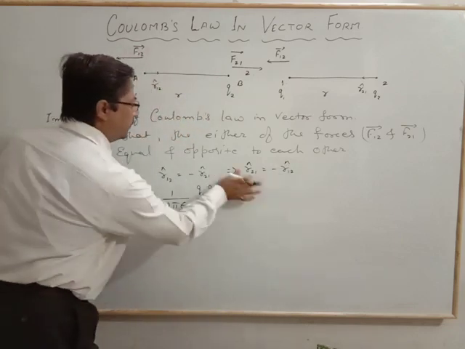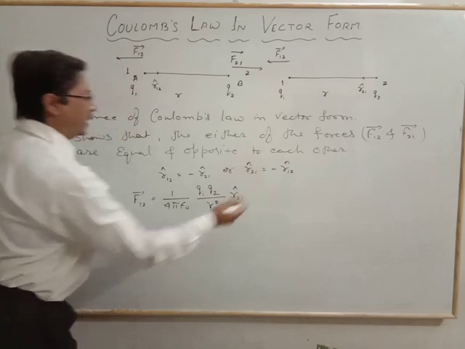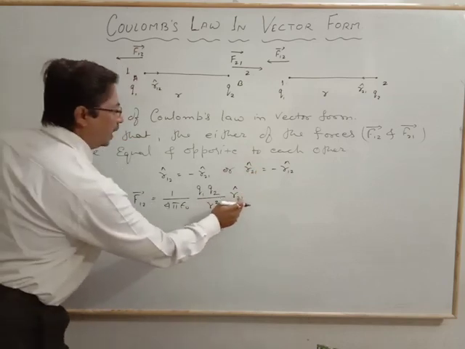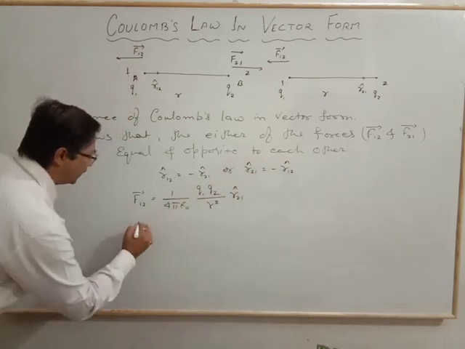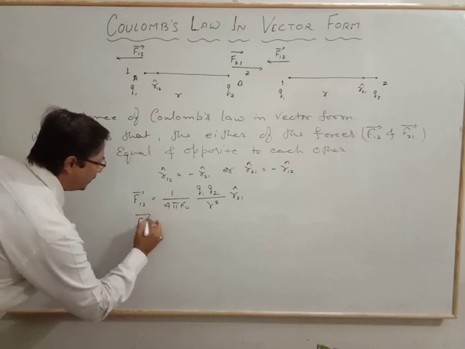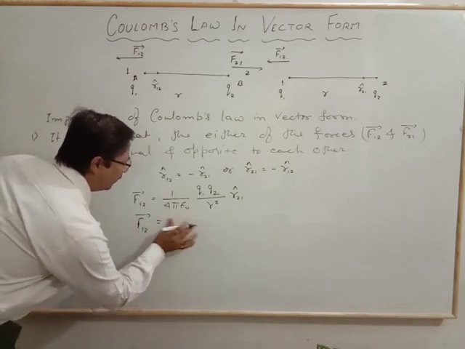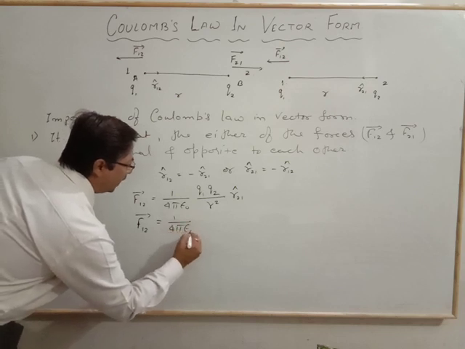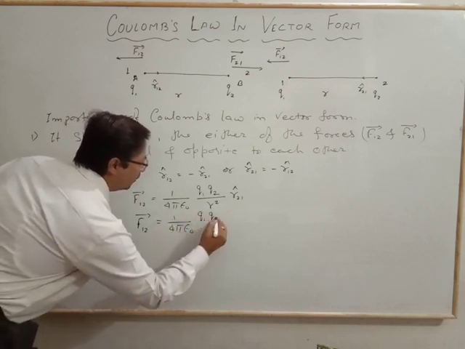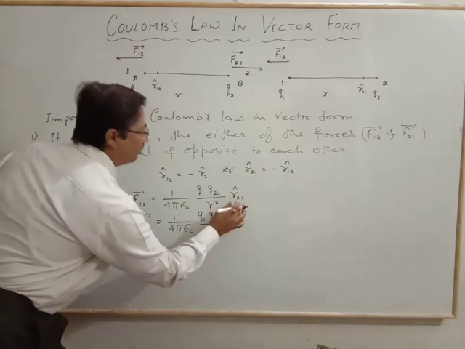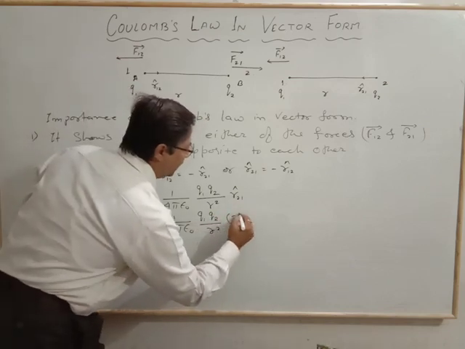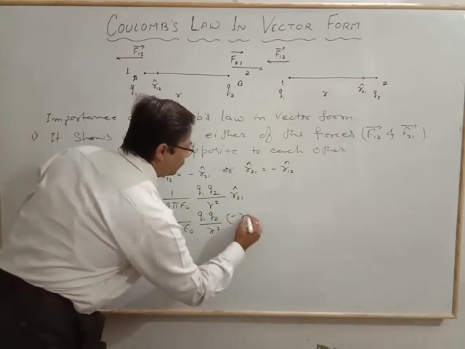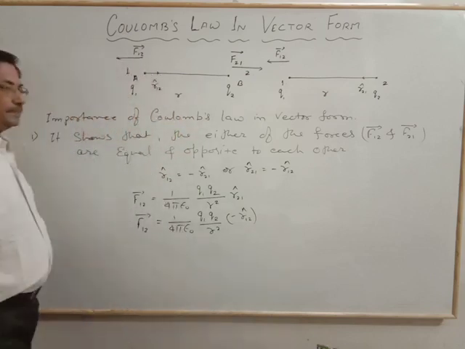So in place of r21 we will write the minus of this, F12 vector is equal to minus of 1 by 4 pi epsilon naught q1 q2 by r square. In place of this we will write minus of the unit vector 12.